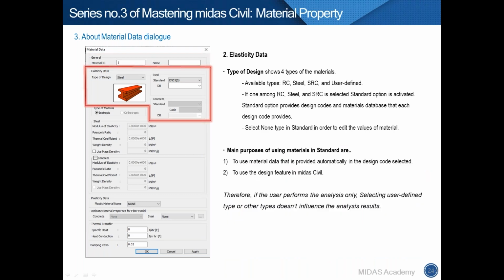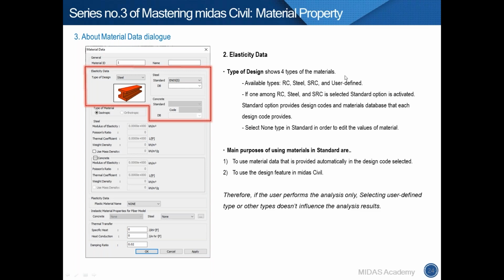Okay, next one is type of design. Type of design provides four types: RC, reinforced concrete, and steel, and SRC. SRC is short for steel reinforced concrete. And the last one is user defined type.